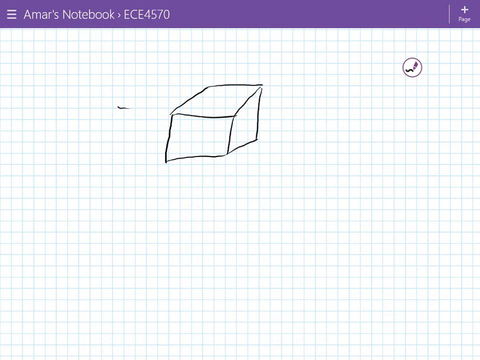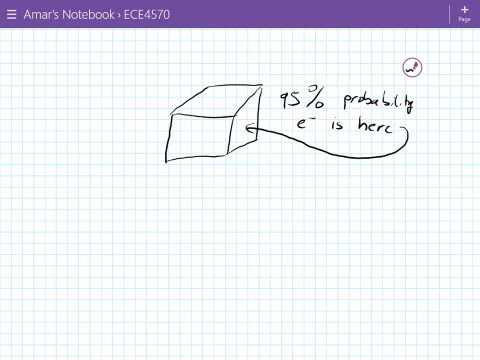What we're going to do is say there's a certain, for example, let's say a 95% probability that the electron is here. Here meaning within this volume. That's how probability functions work. Okay, we can't specifically say the electron is in this specific location.